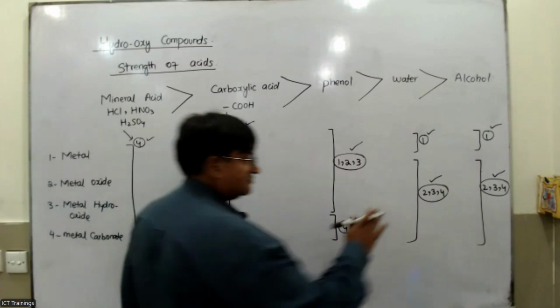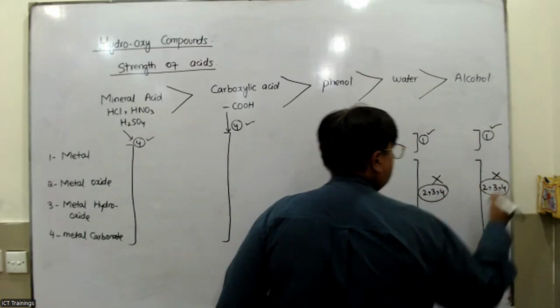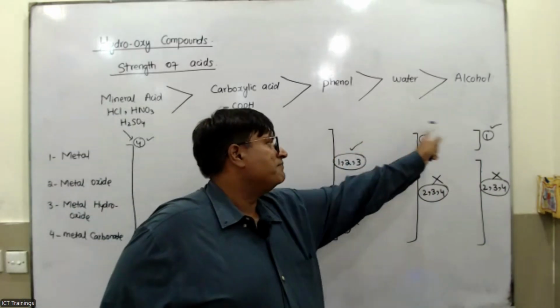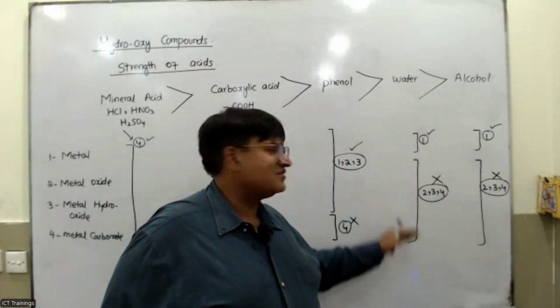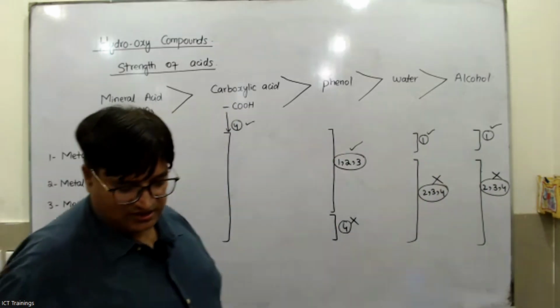Oh, sorry. This one is a cross. I'm sorry. So water and alcohol can only react with the metals. They are unable to react with metal oxide, metal hydroxide, and metal carbonate.